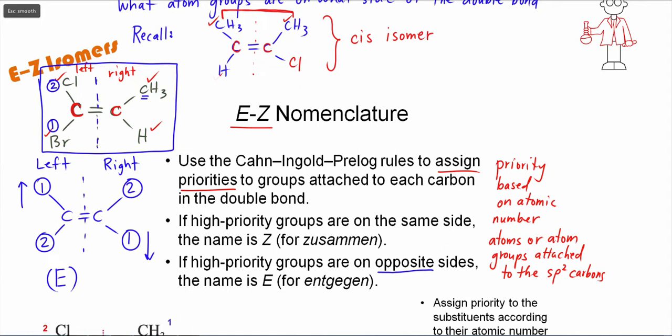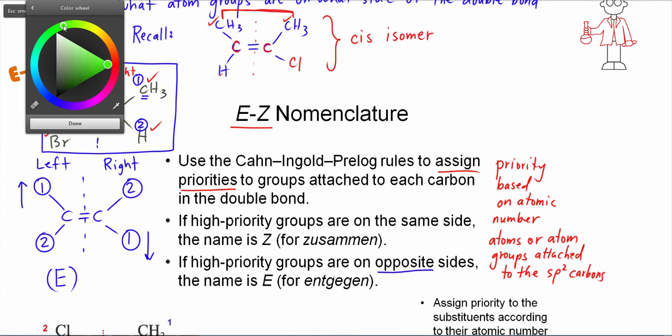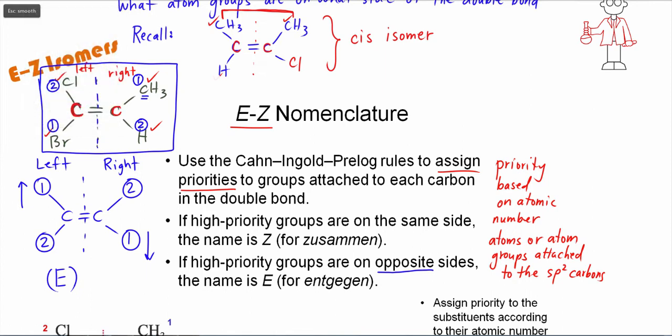C has a higher atomic number than H, so this is going to get 1, and this H is going to get 2. All right, so since 1 and 2 are on opposite sides, this is projected that way, this is projected that way. This would be the E notation again.